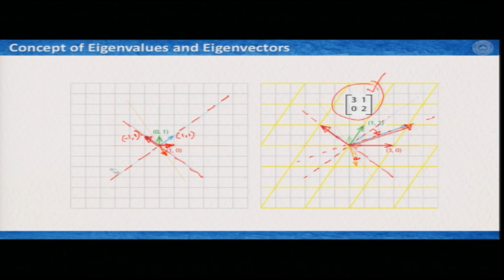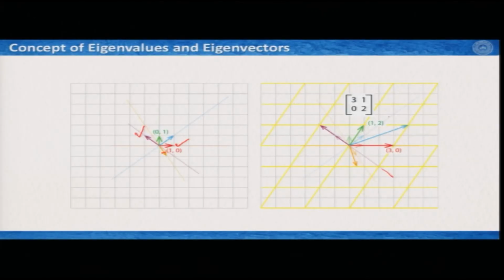And interestingly, let me wipe this one out, all other unit vectors, no matter how they are oriented, except this red and purple, all other vectors oriented in any direction, if you try, you would see that their spans which were initially oriented in theta direction, after the application of the D matrix, the theta direction is not remaining the same, except these red and violet vectors.